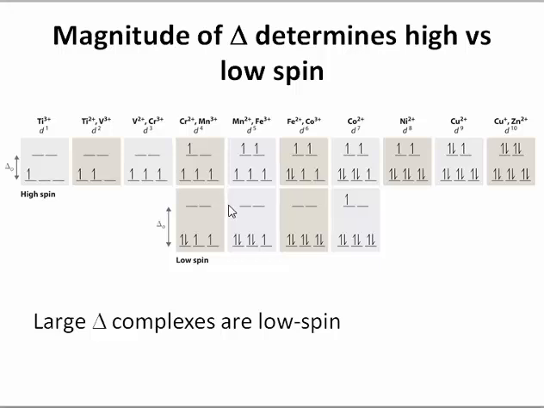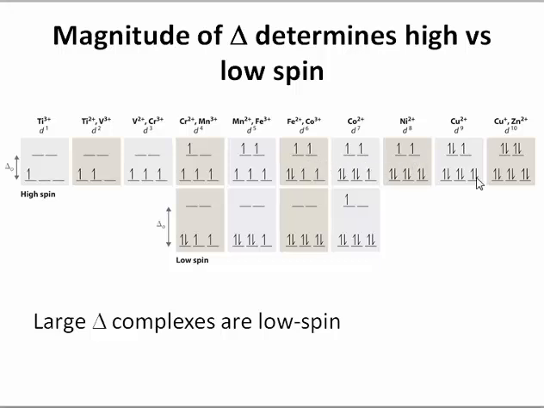And this results in different numbers of unpaired electrons. For example, a striking example, if there are 6 d electrons, low-spin complexes are diamagnetic, all electrons paired, whereas high-spin complexes have unpaired electrons, and we expect paramagnetic properties.